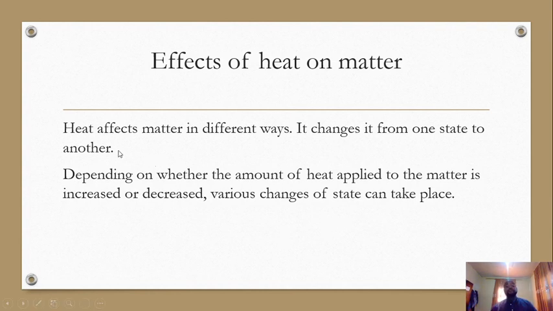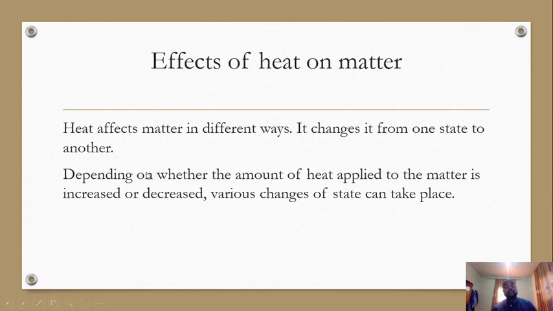Heat affects matter in different ways. It changes it, meaning the matter, from one state to another, from solid to gas, from gas to solid, from liquid to gas, from gas to liquid, and so on.